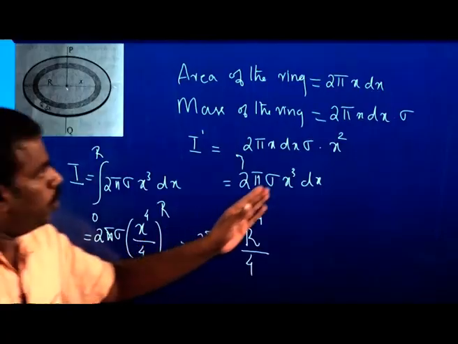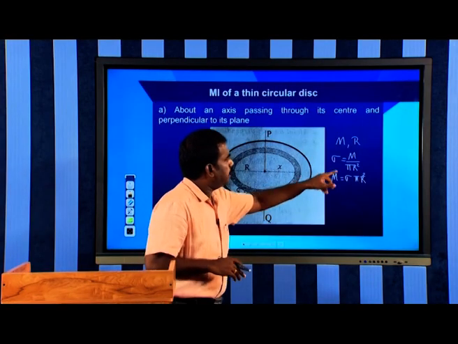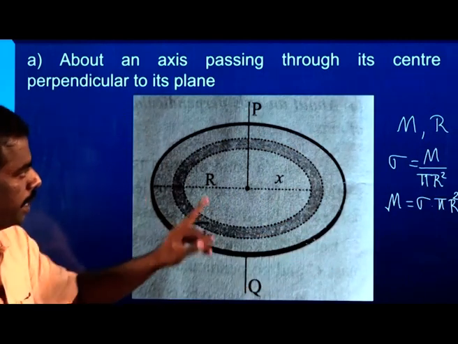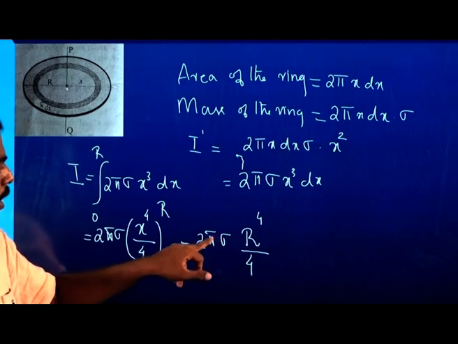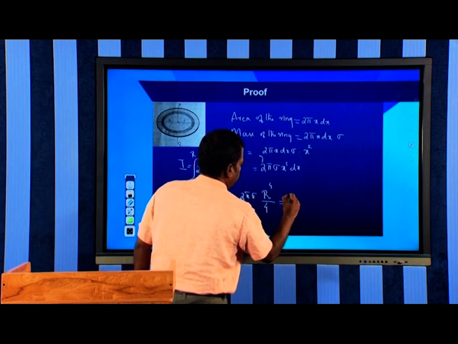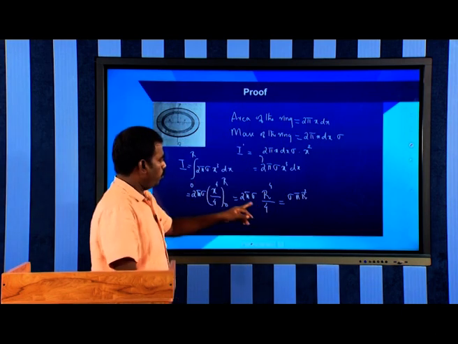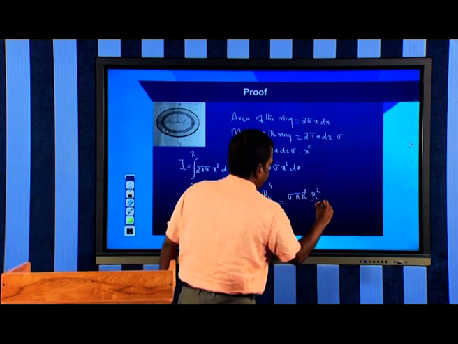Here also we know the mass of the disk is given by sigma pi r square. So we need to group these terms, sigma pi r square here. So it is equal to sigma pi r square. What remains next? 2, 4 cancel out, so it is r square by 2.